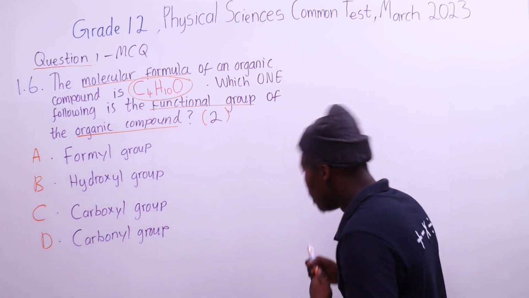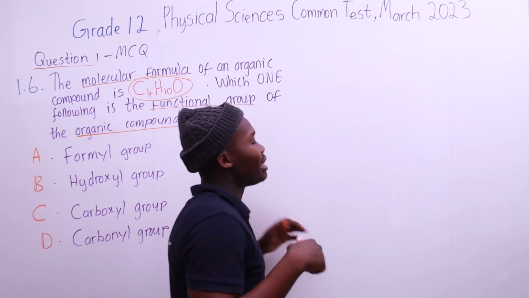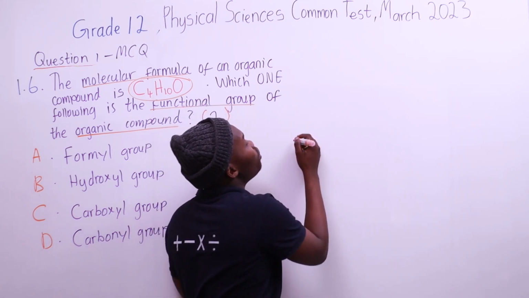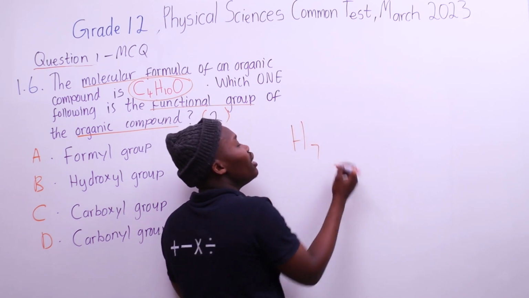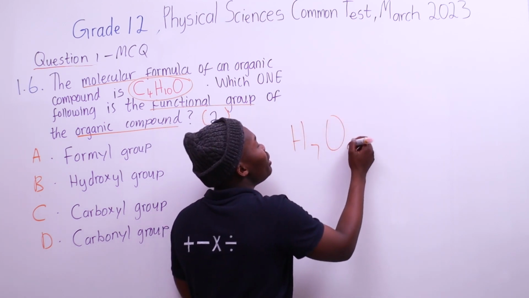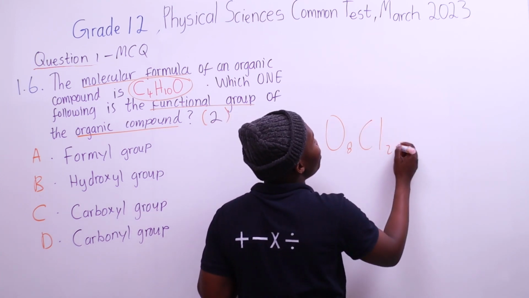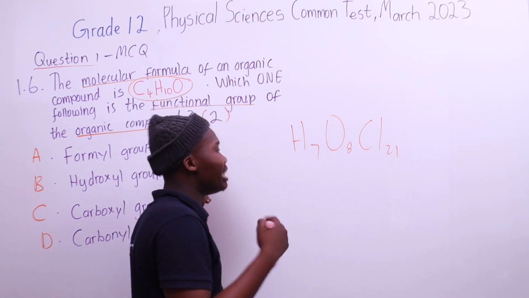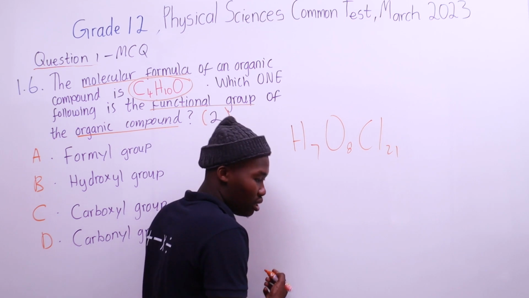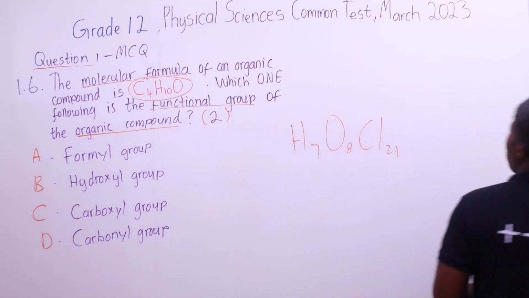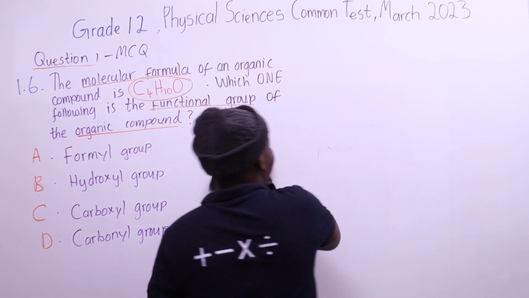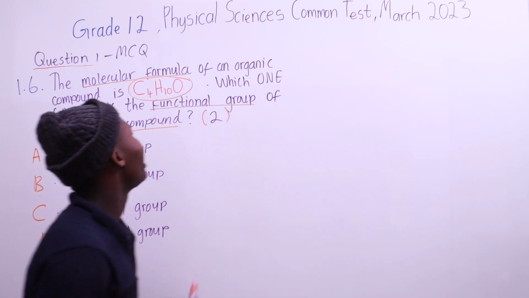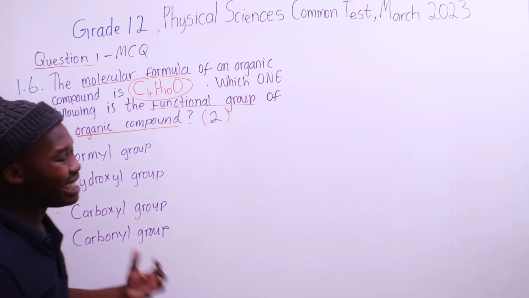Molecular formula, once they start drawing it with structures, the structures show you the bonds, but they don't show you the number of each individual element.